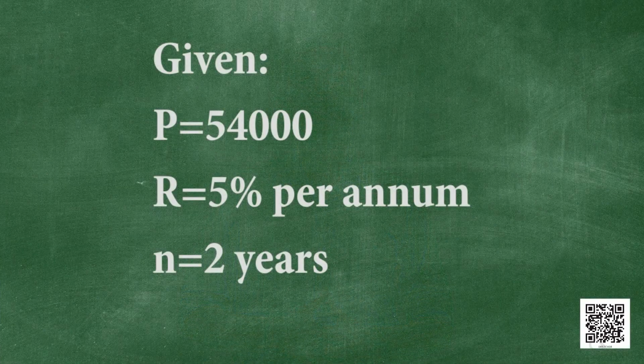So, every new year has a new population. So, this increment is in compounded form. Firstly, let us make a note of the given data. It is given that principal is 54,000, rate is given by 5% per annum, and the number of years n is given by 2 years.